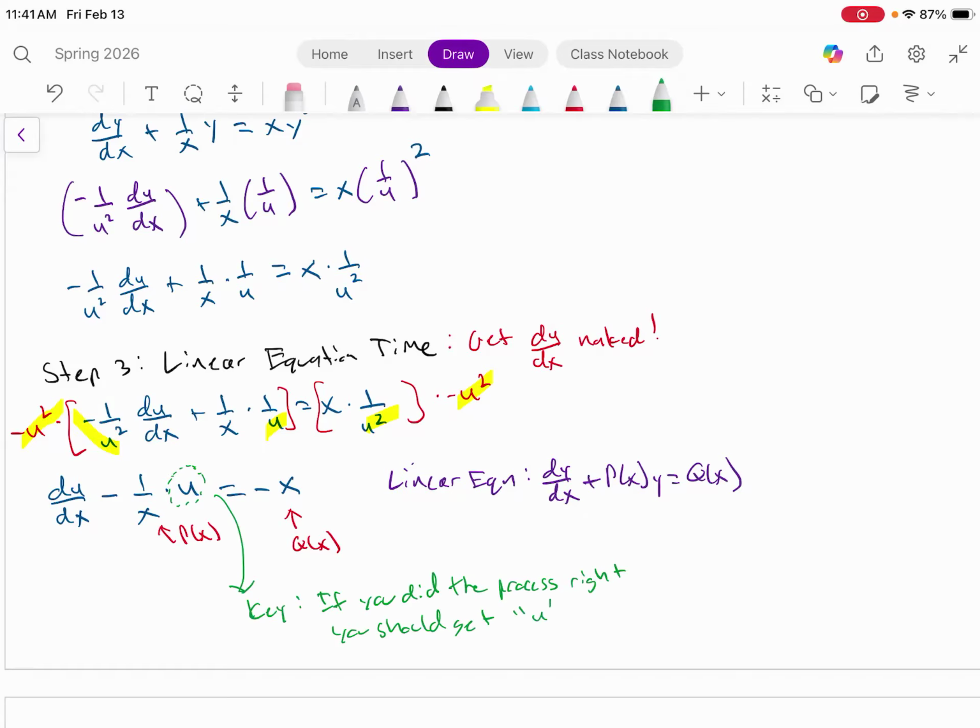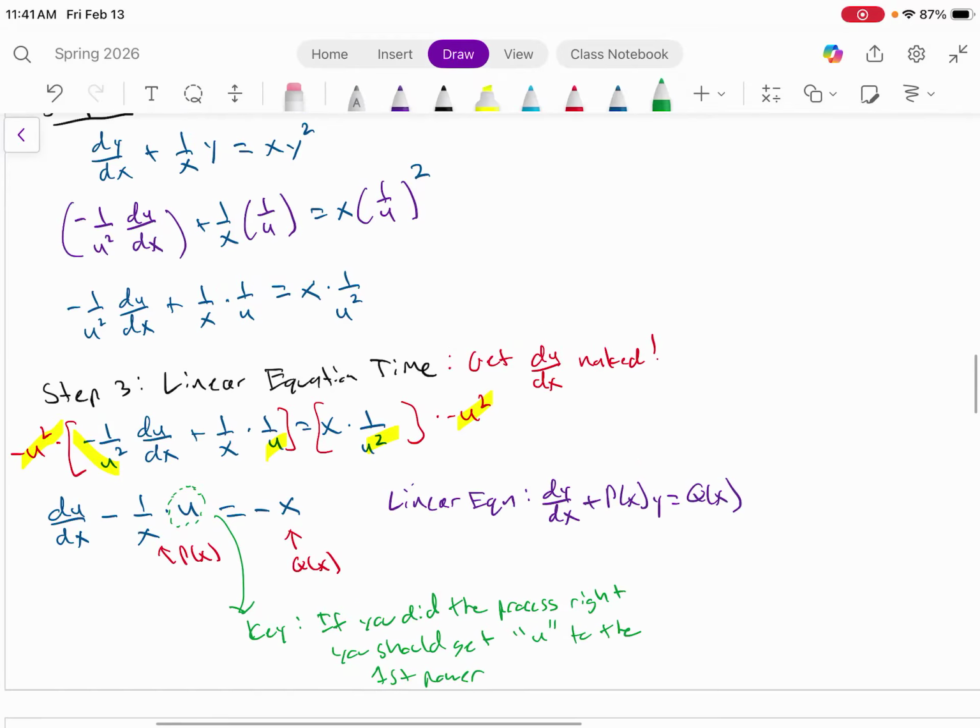Okay, so that's a good indicator of doing this problem right so far, that we're just getting u to the power of 1. If you're getting u squared or square root of u or something, and it's not just u to the first power, something went wrong. Okay, so this is a good indicator.